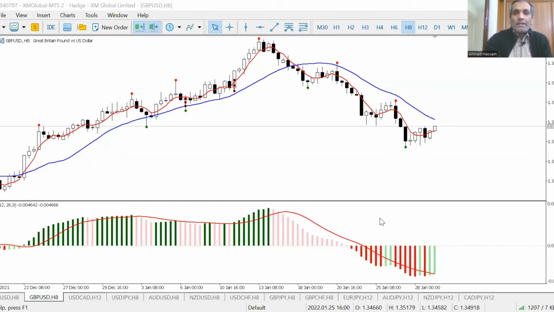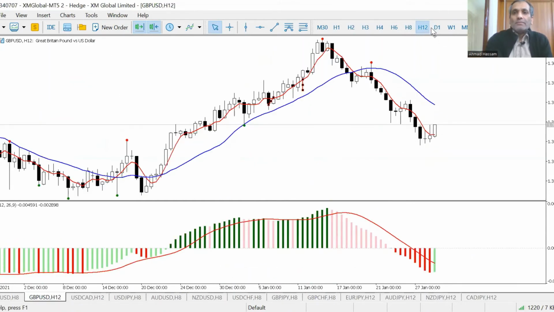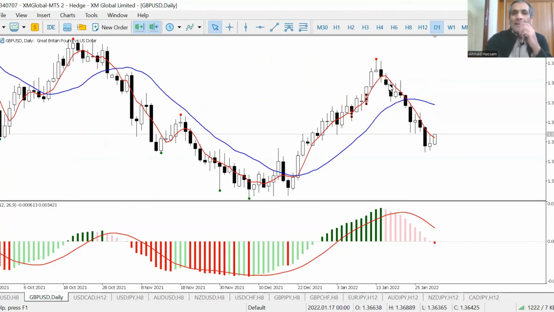Let's get back to our trading strategy. The crux of this trading strategy is we will find the direction of the market on a higher time frame like D1, daily, or H12. Here, see, at this point, this trend is down. Since the trend is down, we will only open short trades.